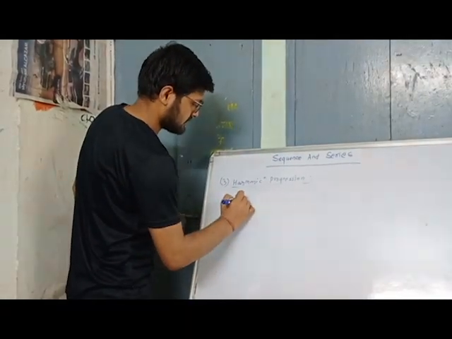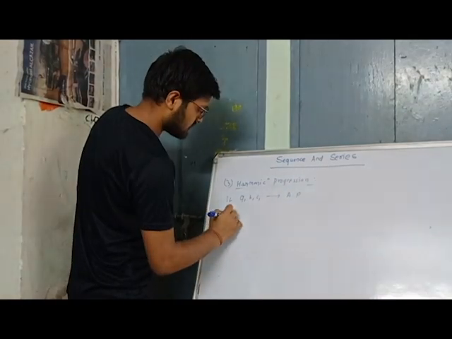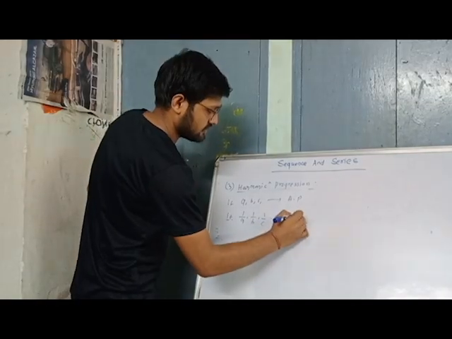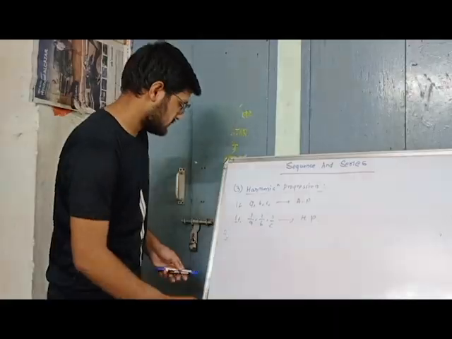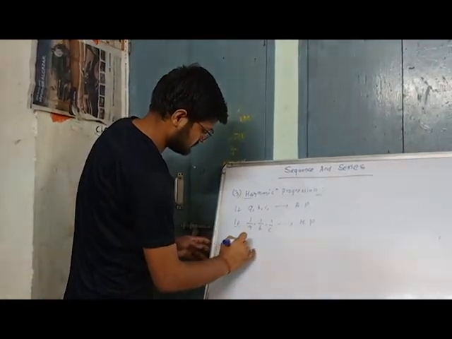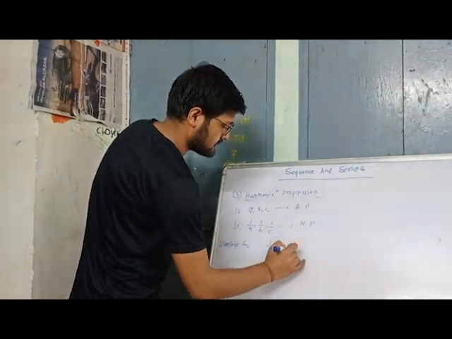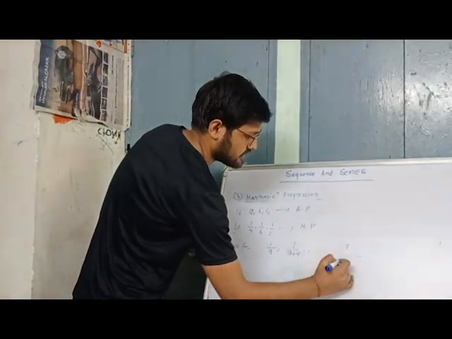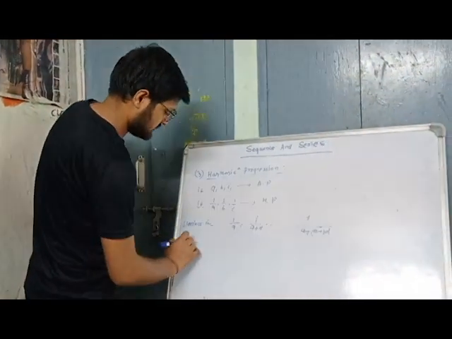If a, b, c are in AP, then the reciprocals of each term, 1 by a, 1 by b, 1 by c, will be in HP. The standard form will be 1 by a, 1 by (a plus d), up to 1 by (a plus (n minus 1) into d), and then the general term.